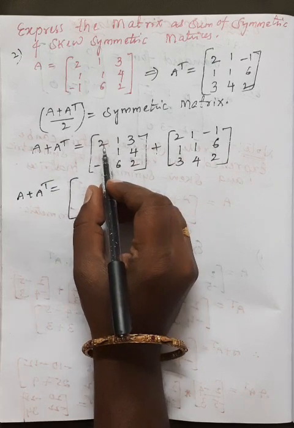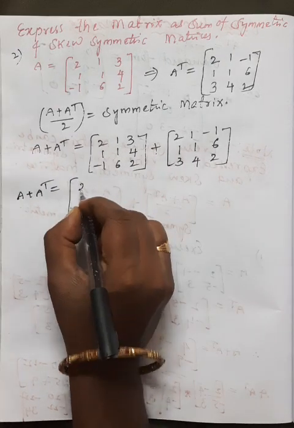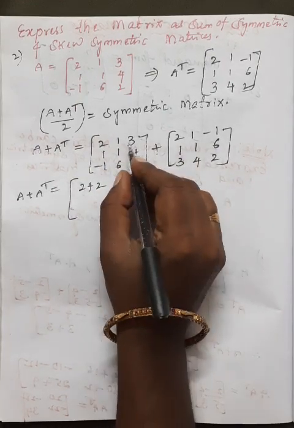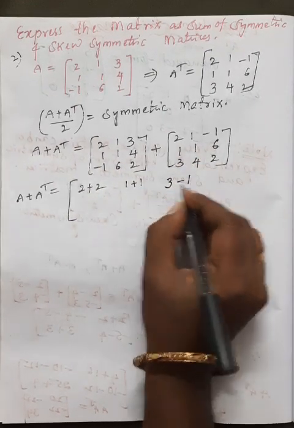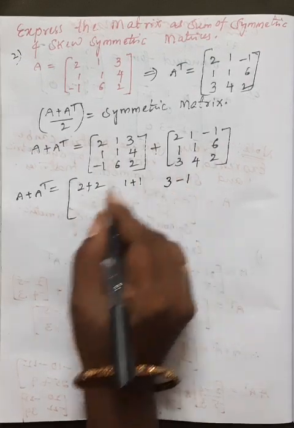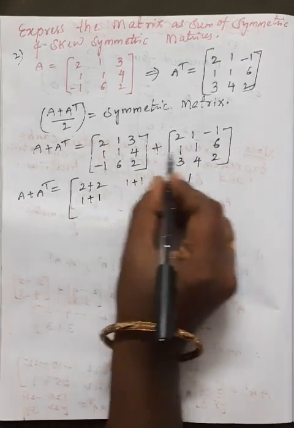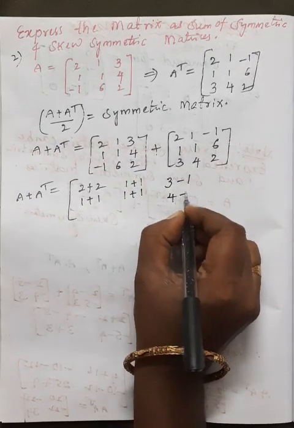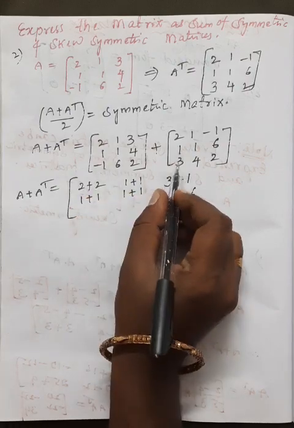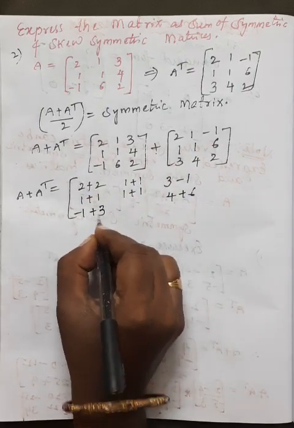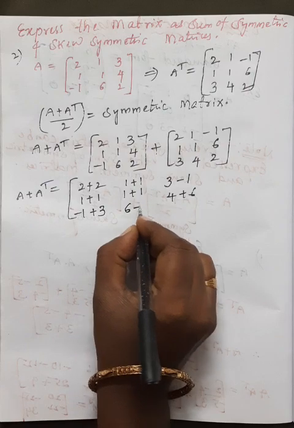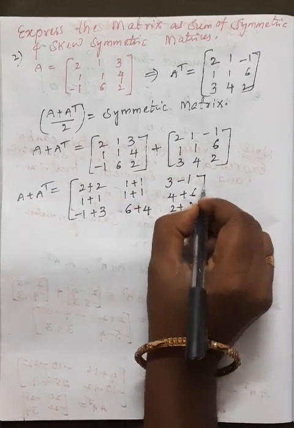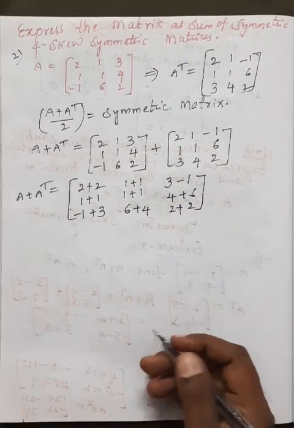So add first element to first element, so 2 plus 2. Second element to second element, 1 plus 1. Third element to third element, 3 minus 1. Fourth element to fourth element, 1 plus 1. Fifth element to fifth element, again 1 plus 1. Sixth element to sixth element, 4 plus 6. Seventh element to seventh element, minus 1 plus 3. Eighth element to eighth element, 6 plus 4. Ninth element to ninth element, that is 2 plus 2. So like this you have to do the addition.